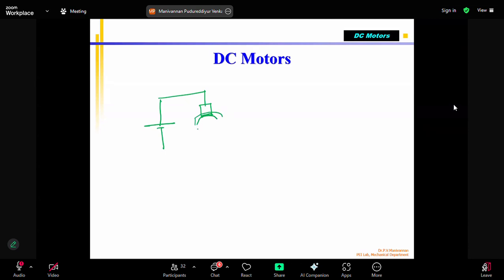A semicircular shape. These two parts are called brushes. Correct? So these two semicircular parts are called the commutator.